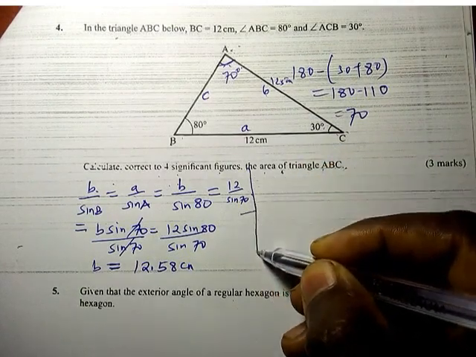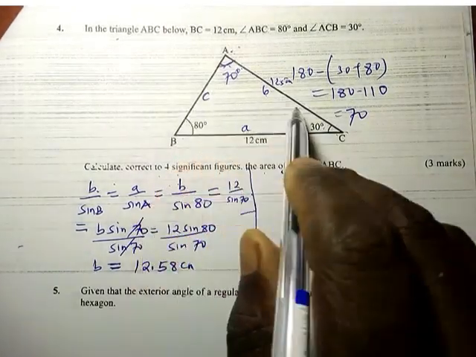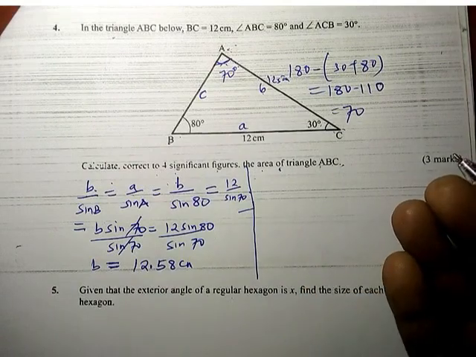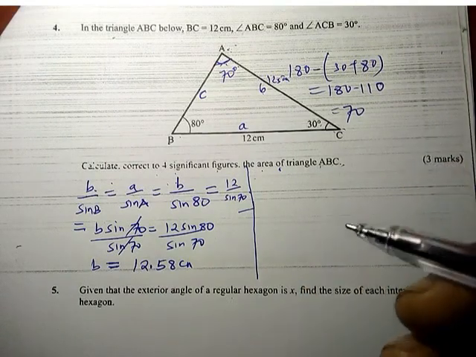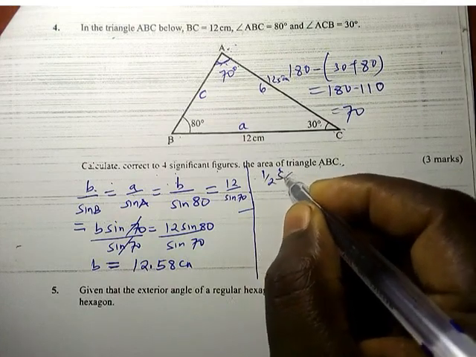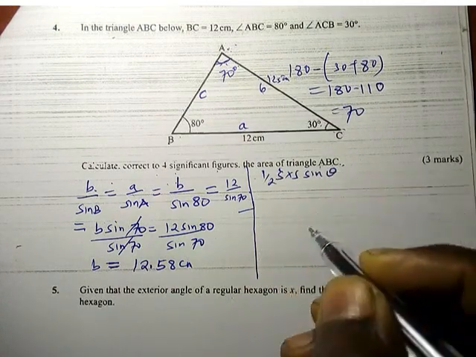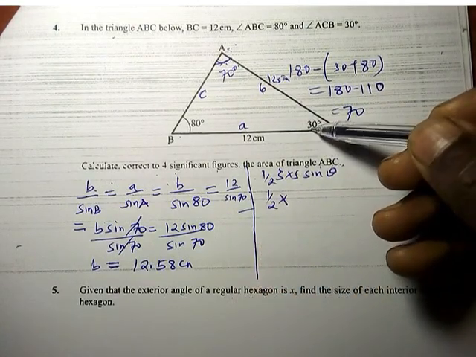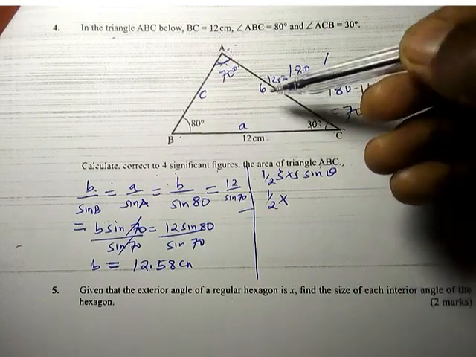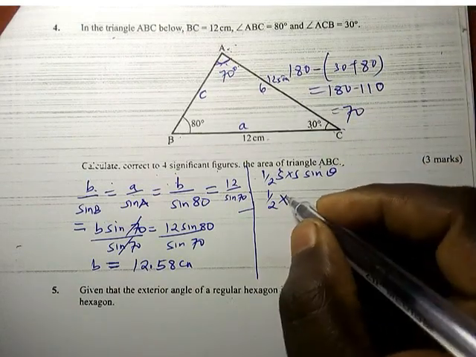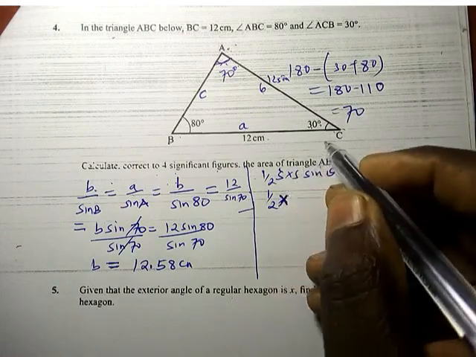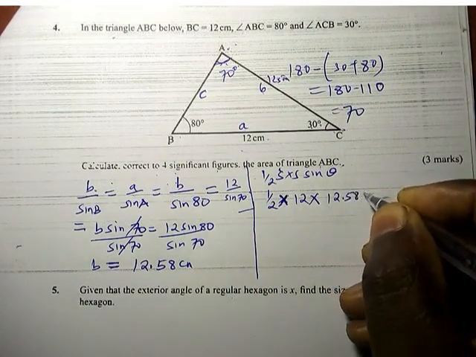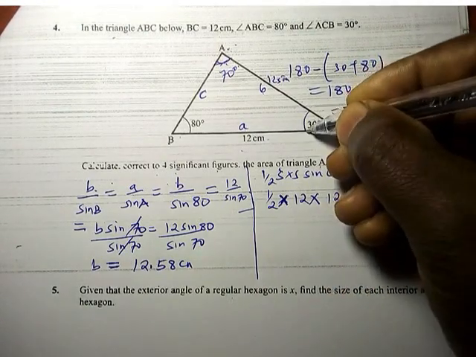But our intention was to calculate the area of triangle ABC. We have two formulas. We can use Hero's formula, or we use a half times side times side times sine theta. That's what I'm going to use: a half times 12 times 12.58, times sine of the angle between them, which is 30.